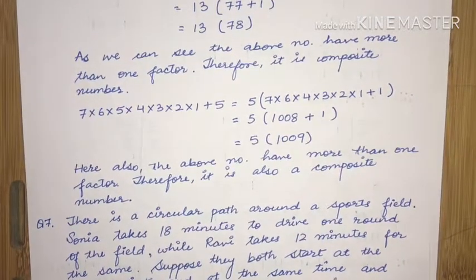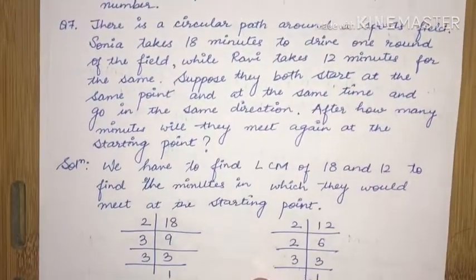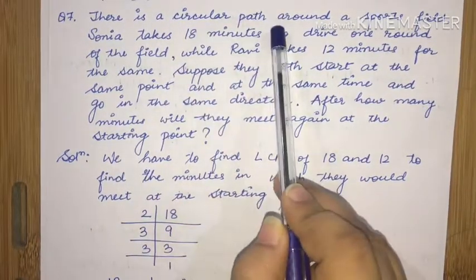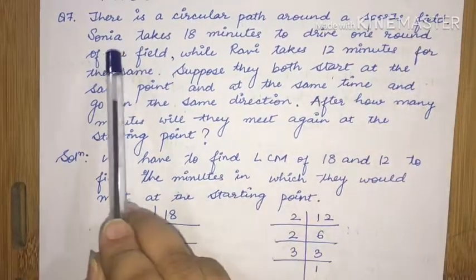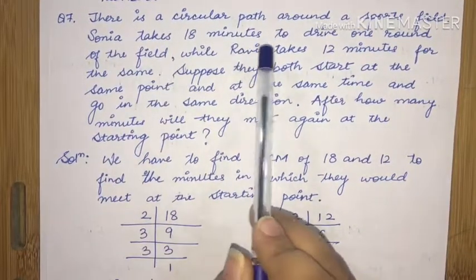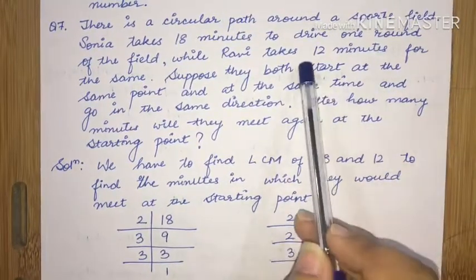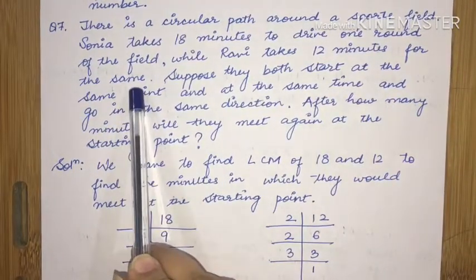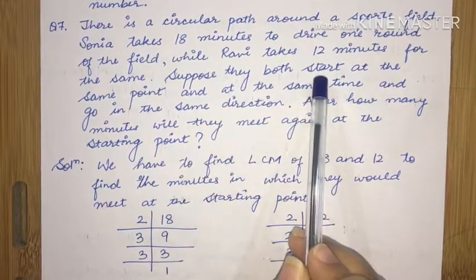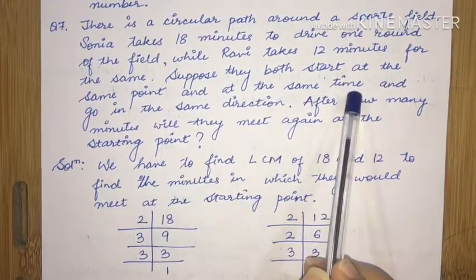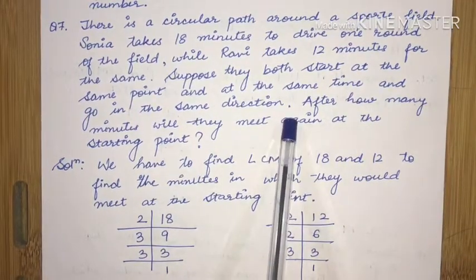Let's move on to the last question of this exercise, which says that there is a circular path around a sports field. Sonia takes 18 minutes to drive one round of the field, while Ravi takes 12 minutes for the same. Suppose they both start at the same point and at the same time and go in the same direction.